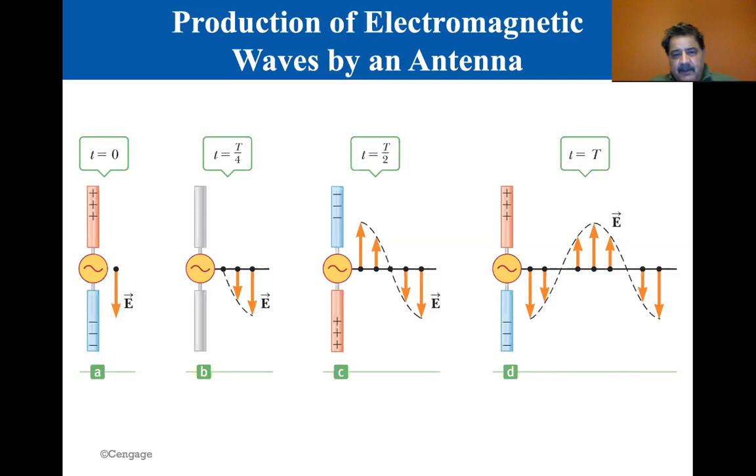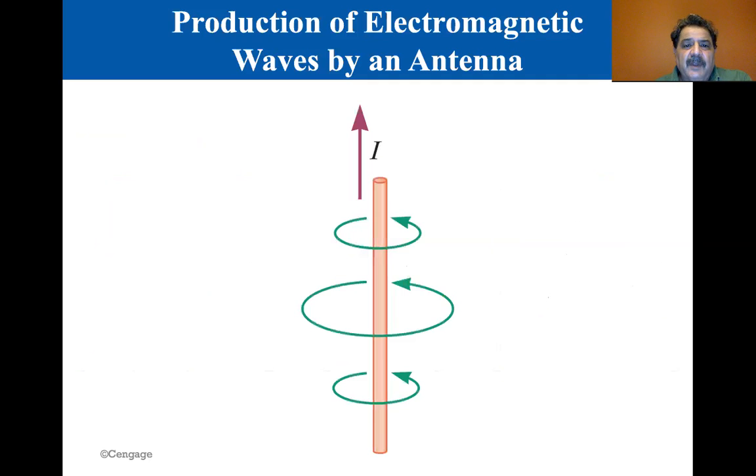Okay, so whenever a charged particle accelerates, it radiates energy. So it's radiating energy away from the antenna. Also, whenever you have a current in a wire, you're producing a magnetic field.